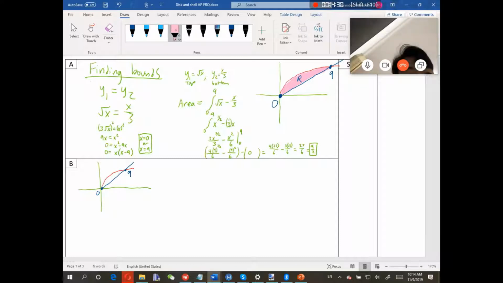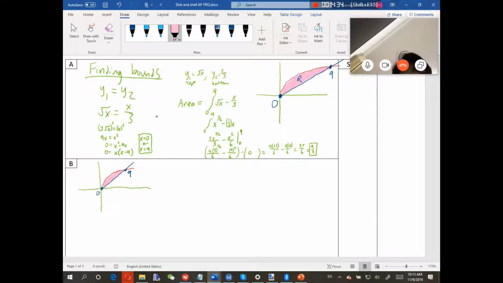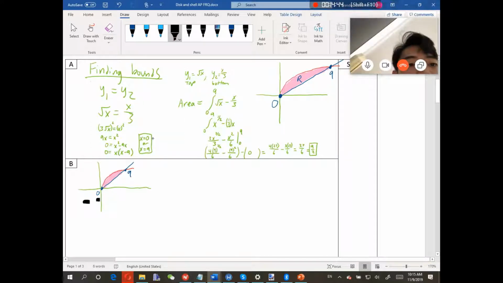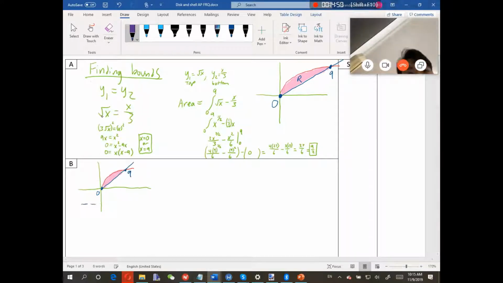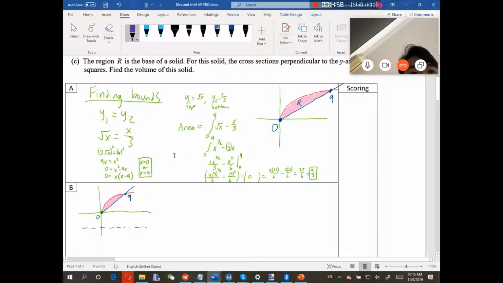But this time I'm going to take this area that we had in R, and we're going to spin that around this line, x equals -1. Oh, sorry.